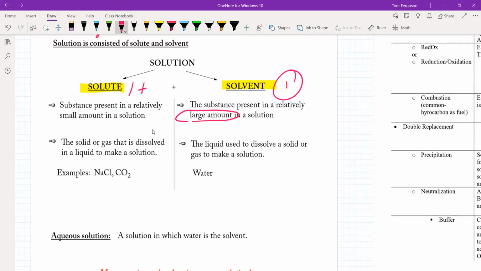So if we were looking at air, it's not an aqueous solution, but it is a solution. The solvent would be nitrogen gas. The solutes would be oxygen, carbon dioxide, carbon monoxide, etc., because those are less than the nitrogen.